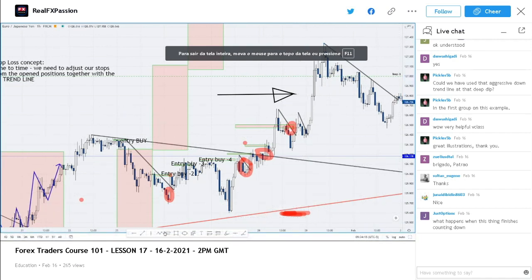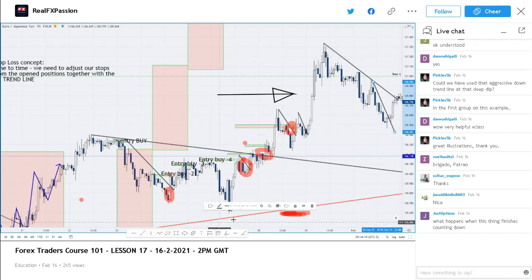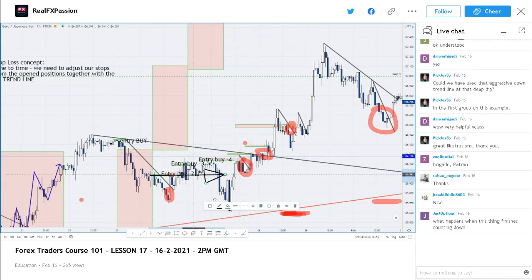And bam, we have here an aggressive counter trend line break. So this would be another entry. Stop loss. If you leave all positions open, you need to readjust all the stop loss levels from all the positions up to here.